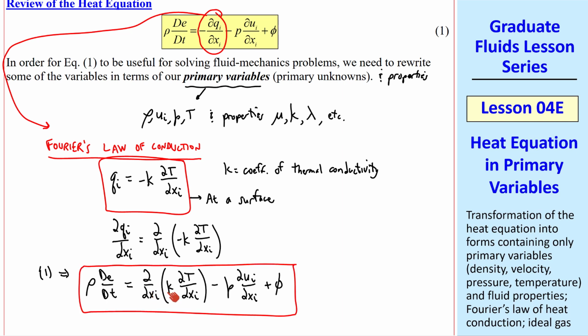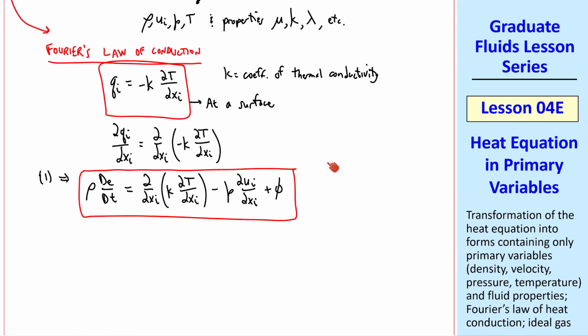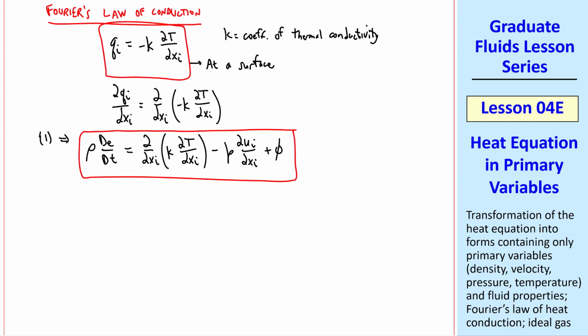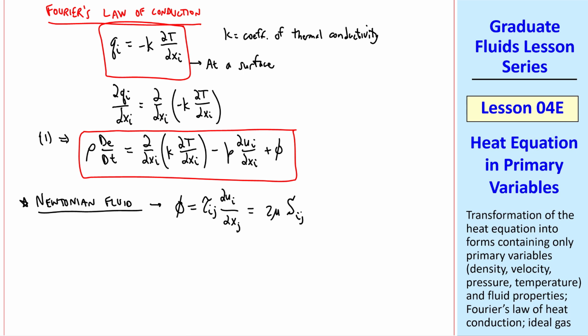So we've partially achieved our goal. This term is now rewritten in terms of T, one of our primary variables. We still have to deal with E and phi. We're going to consider only Newtonian fluids, where we previously showed that phi is tau ij ∂ui/∂xj, which reduces to 2 mu Sij Sij plus lambda ∂ui/∂xi ∂uj/∂xj.